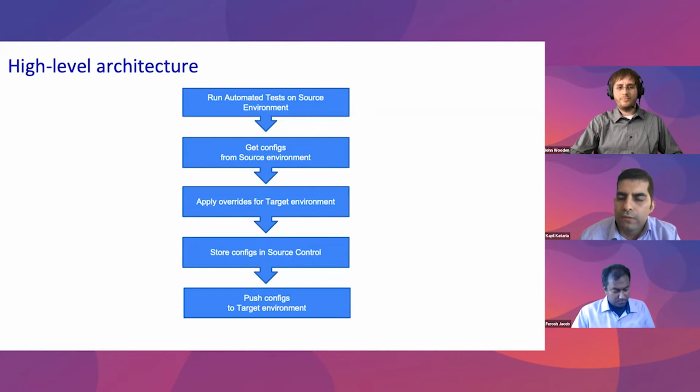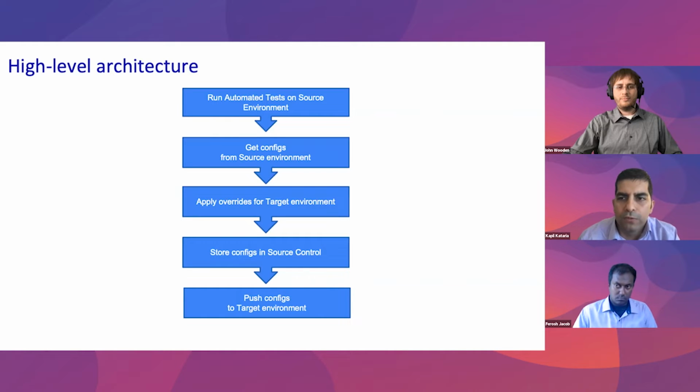This is the high level design. We run some automated test cases on the source environment. We get the configurations from the source environment. Then we overwrite those configurations for the target environment, because each environment is different.